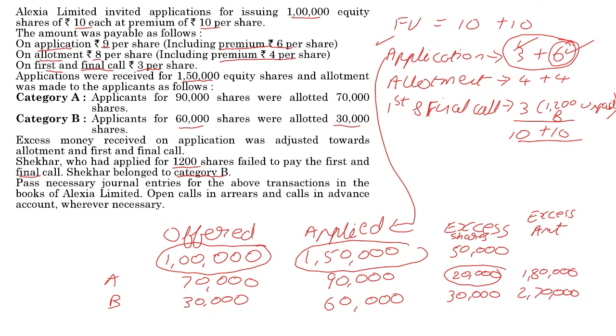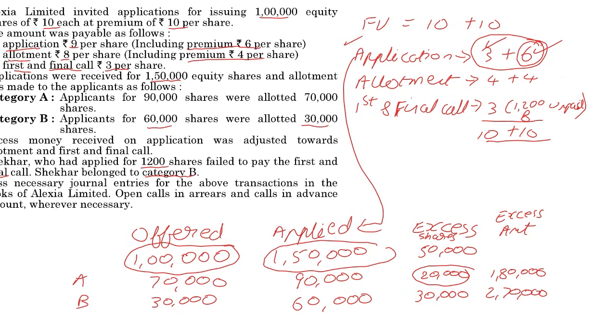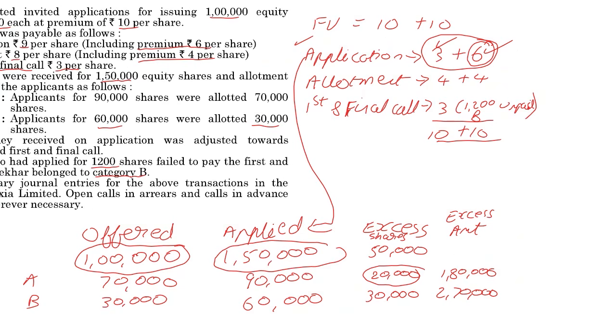The question is, at the time of allotment, how much is needed for each category? I don't really need to do the math for the total. If you want to, you can. How much allotment money is needed for category A?